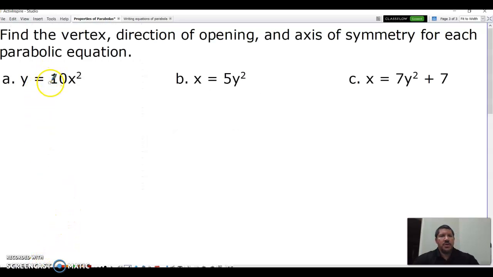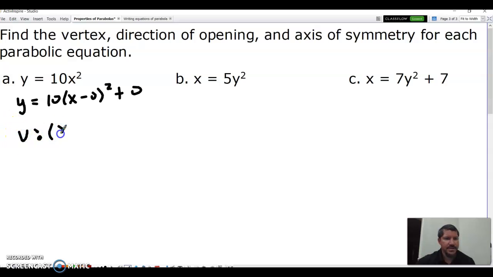Alright, now given equations, we want to do the same thing. So this right here, in vertex form, it is really this. So my vertex, pretty easy, is 0, 0. Opening, y equals means I'm either going up or down.